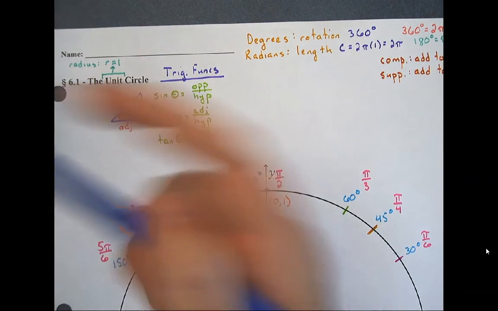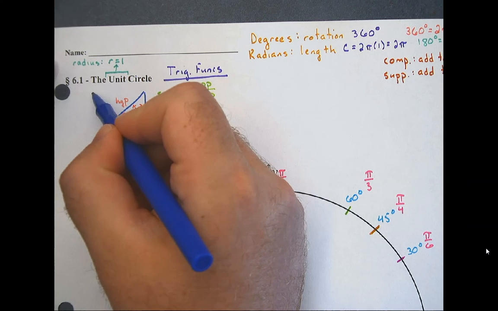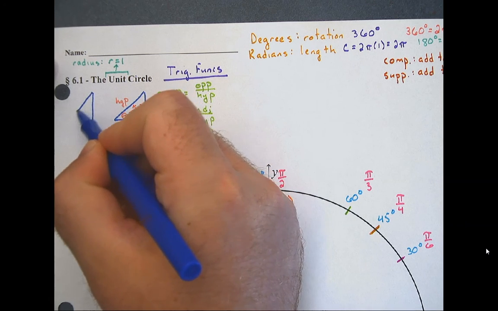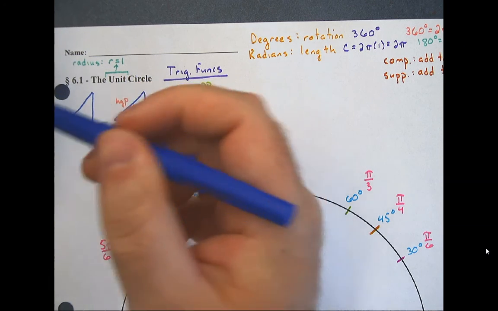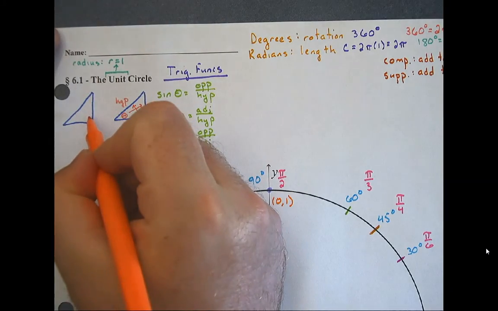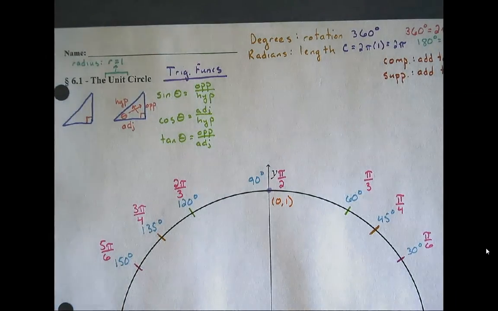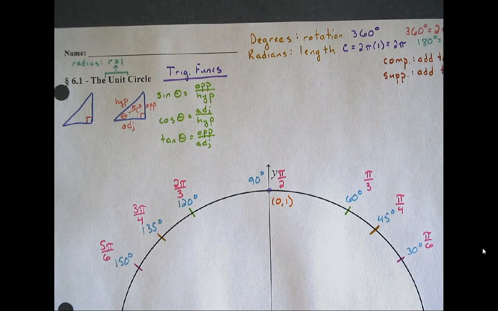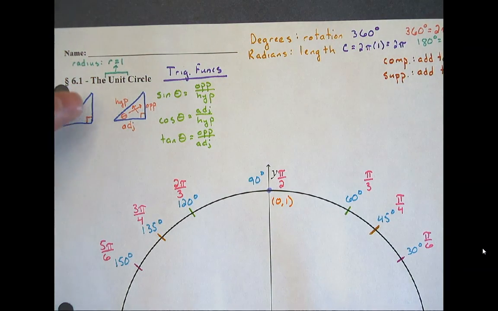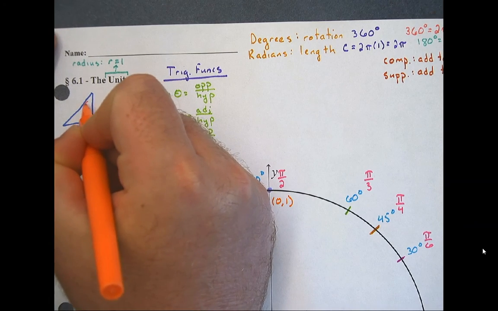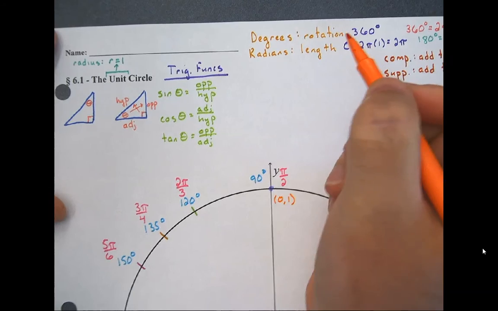Now let's say I take another right triangle. Right angle, and reference angle. All of our reference angles will always be coming from the origin, so it's going to always be this angle. But I just want to point out how opposite and adjacent work depending on where you're looking from.